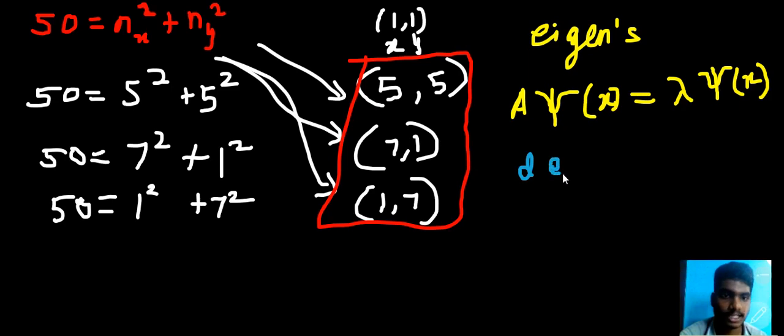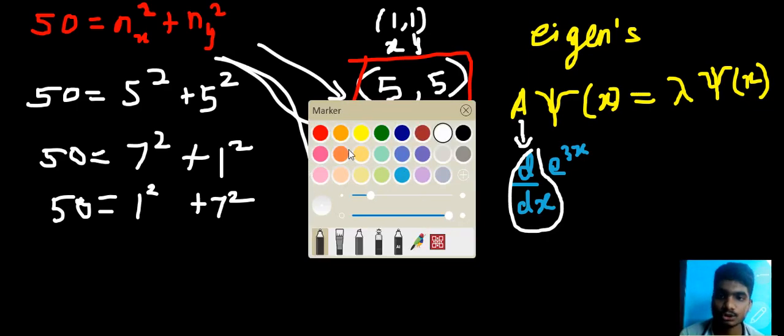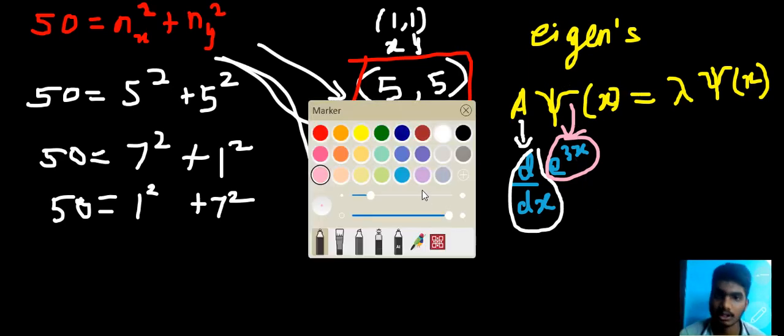Take the differentiation of e to the power 3x by dx. Here the operator is d by dx, and psi of x is going to be the exponential e power x.